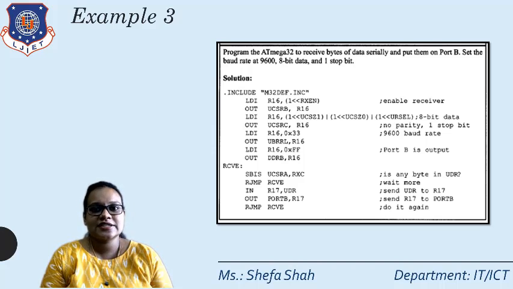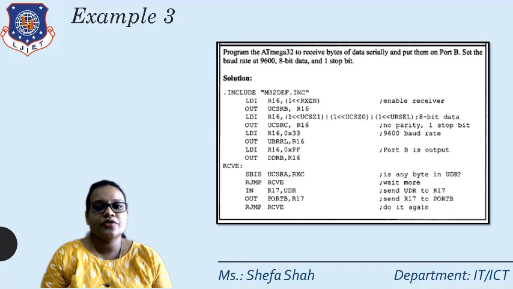Then UCSRC is loaded with 06H using the third and fourth instructions, again LDI and out. Then the baud rate is 9600, so we load 0x33 for 8 MHz, again using LDI and out instructions. Now we need to receive the data and send it to port B, so port B will work as an output port.